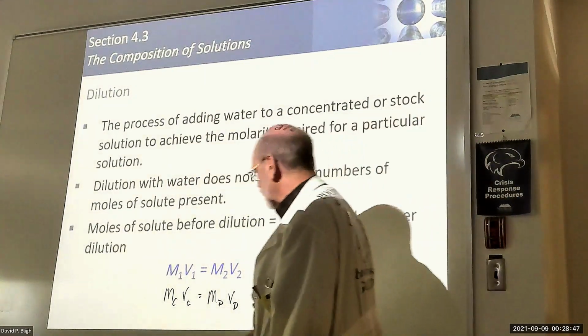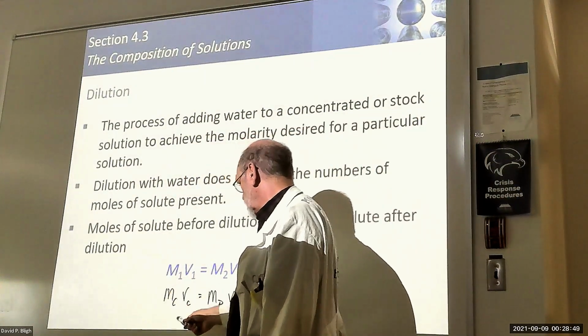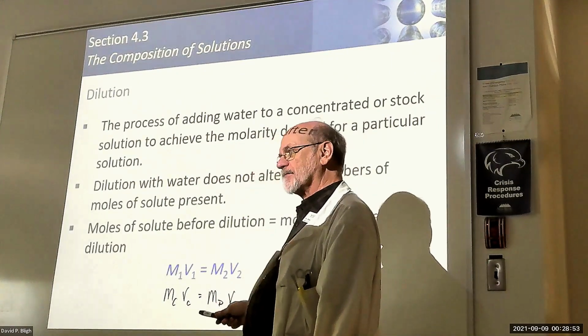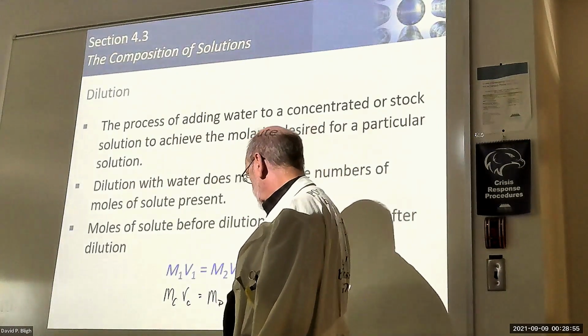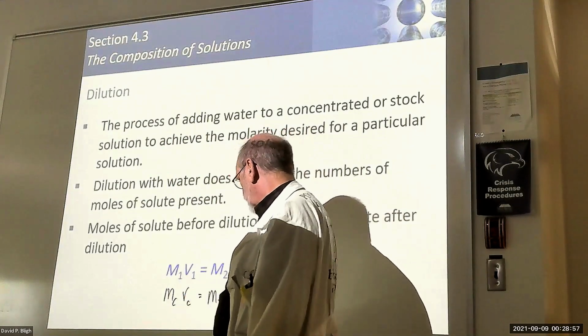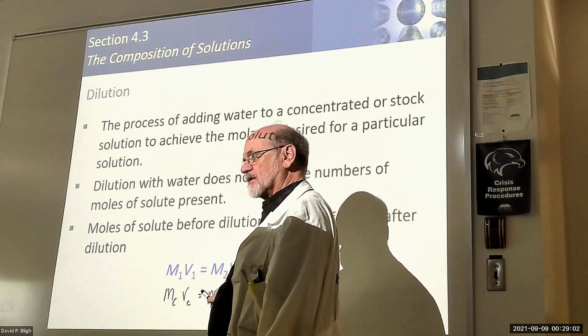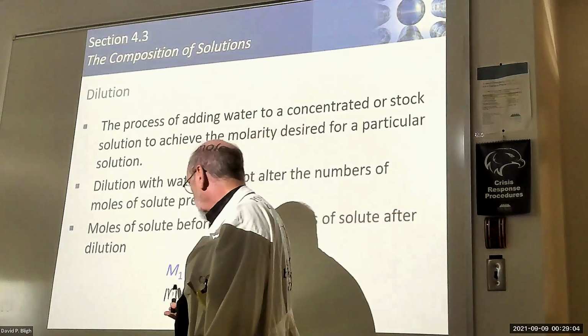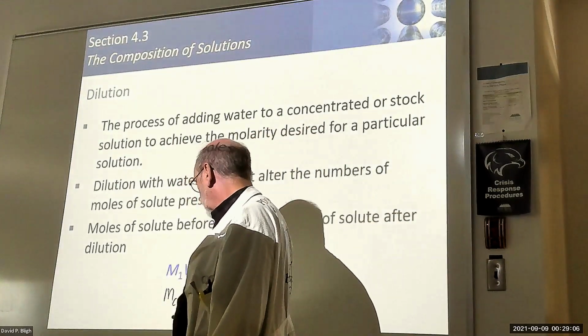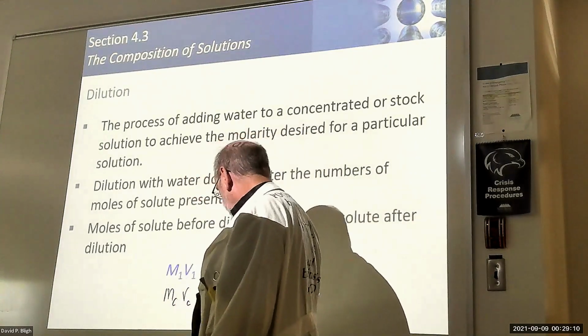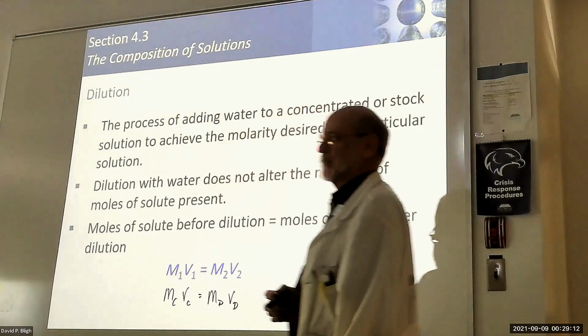If you have a concentrated solution of this value and you want a diluted solution of that value, then this is the volume into which you're going to take some of that and put it in. This is the final volume at this concentration. So therefore, you take this concentration and you pull out an aliquot of that volume, dilute it to this volume, and you get that concentration.